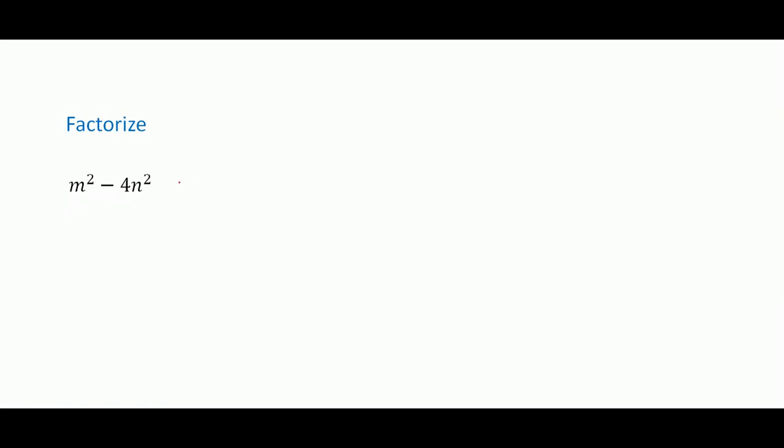Let's say we have to factorize m squared minus 4n squared. We can write this as m squared minus 2n squared. Therefore, this will be m plus 2n into m minus 2n.